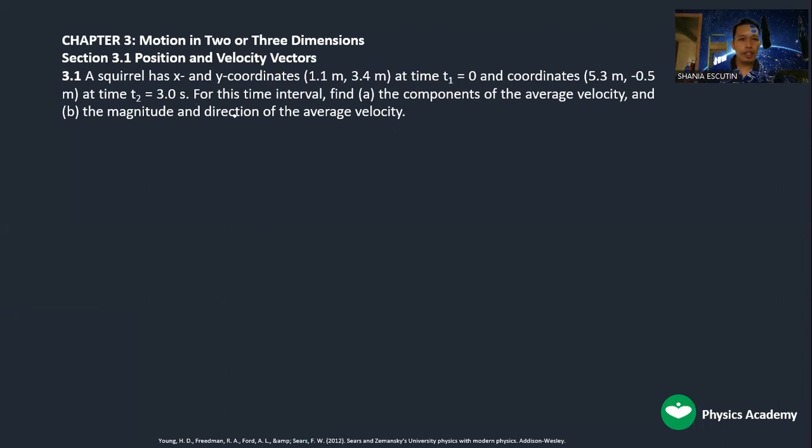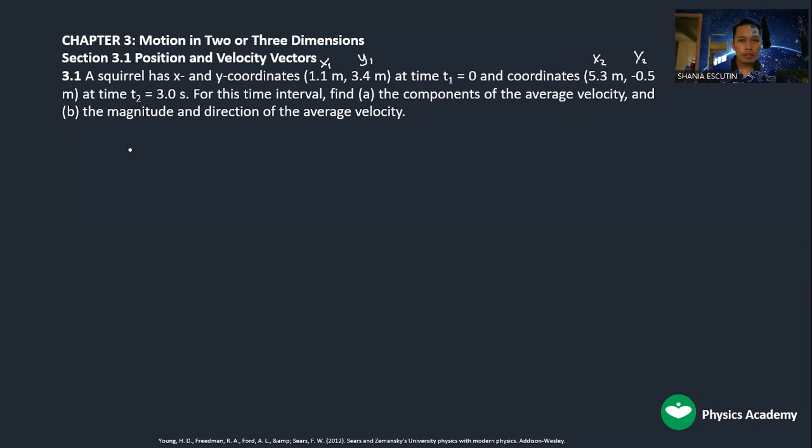Here we have coordinates. This is our x1, this is our y1, this is our x2, and this is our y2. The squirrel moved from this coordinate to this final coordinate.